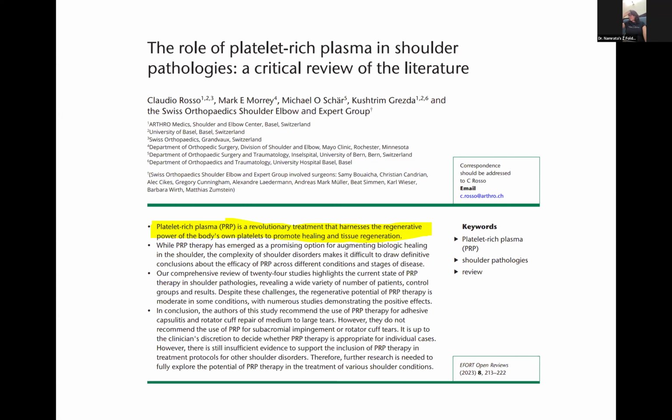Okay, then we all do a lot of regenerative interventions for rotator cuff pathologies, the platelet-rich plasma therapies, or the bone marrow concentrate therapies for different types of tear, different pathologies within the shoulder joint. We all know that PRP harnesses that regenerative healing potential.